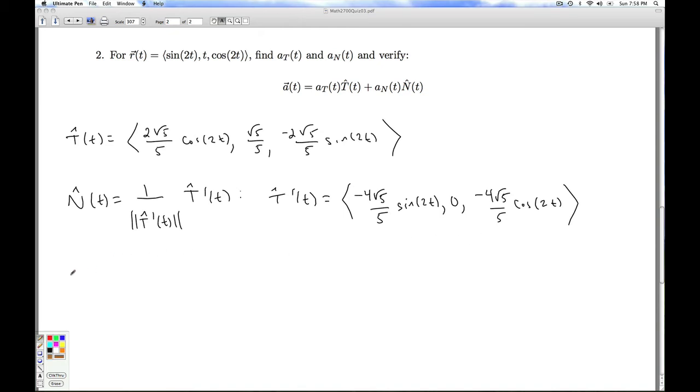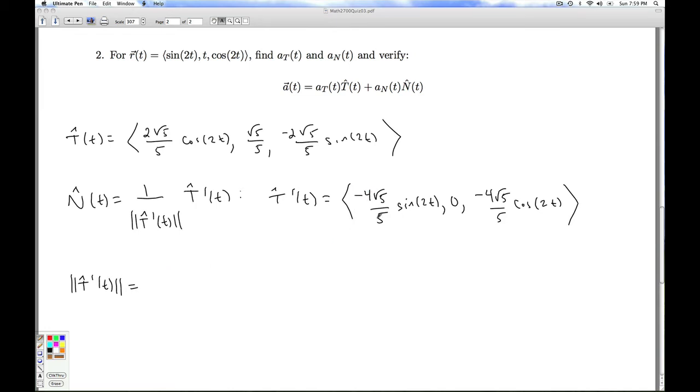Now for the magnitude of T hat prime of t, you might be able to spot right off that since we've got a 0 here in this component, as before, we're going to get a sine squared and a cosine squared, and then we're going to have Pythagorean magic happen. So you might be able to spot what this is going to be right away, but we'll go through the machinations here.